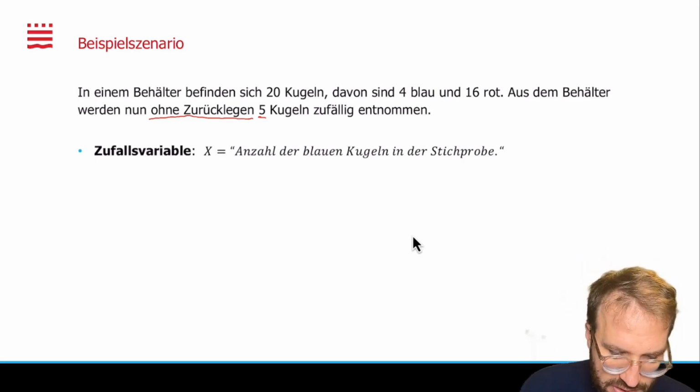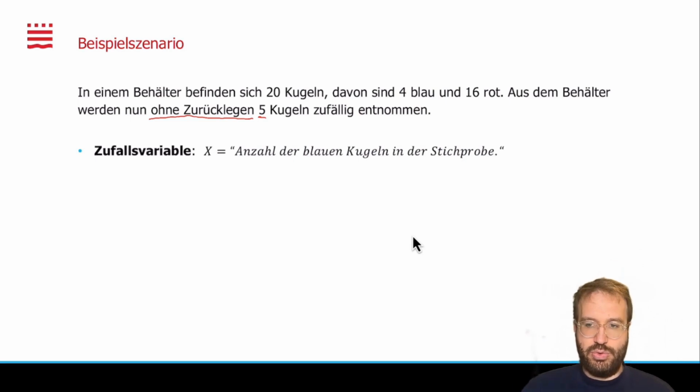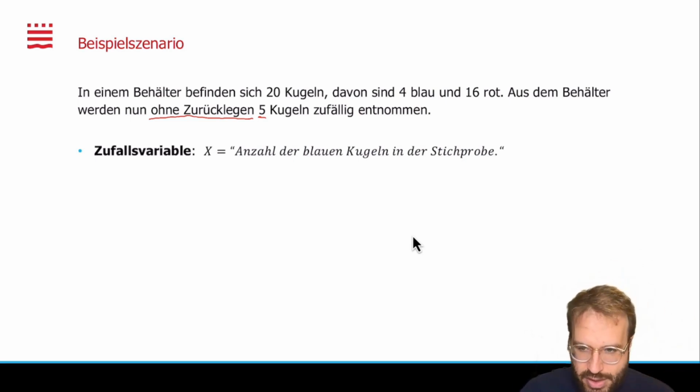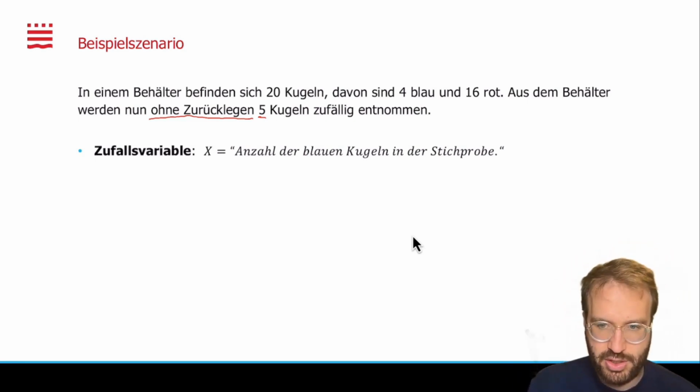We're drawing 5 times, so theoretically there could be 0, 1, 2, 3, 4, or 5 blue balls. But we only have 4 blue balls. That means the value 5 cannot occur, so only the values 0, 1, 2, 3, 4 can occur.